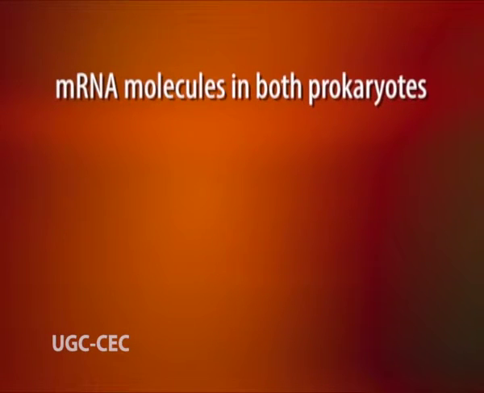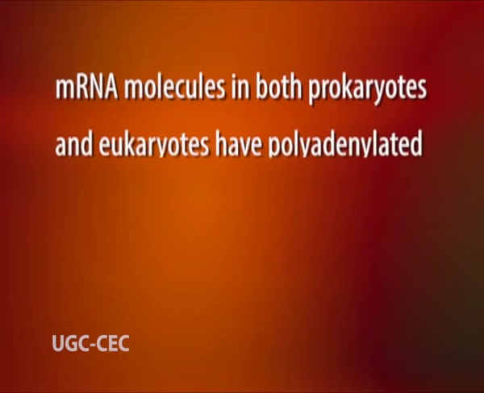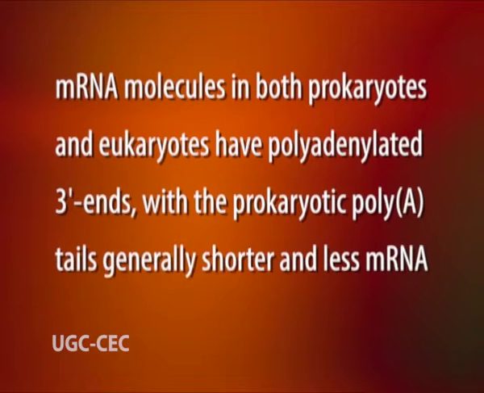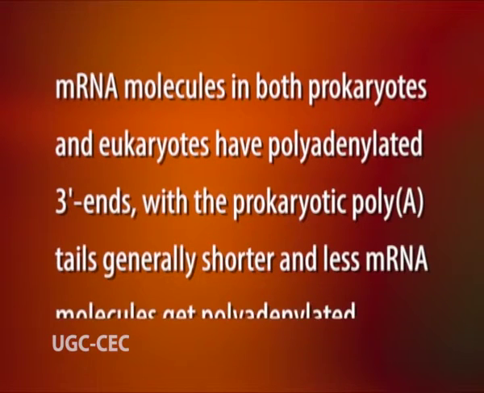In many bacteria, both mRNAs and non-coding RNAs can be polyadenylated. mRNA molecules in both prokaryotes and eukaryotes have polyadenylated 3' ends, with the prokaryotic poly-A tails generally shorter and less mRNA molecules get polyadenylated.